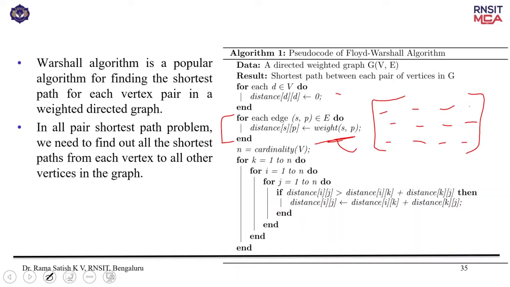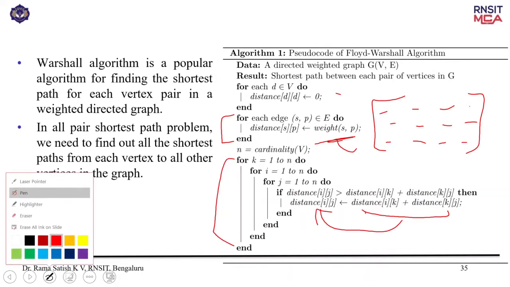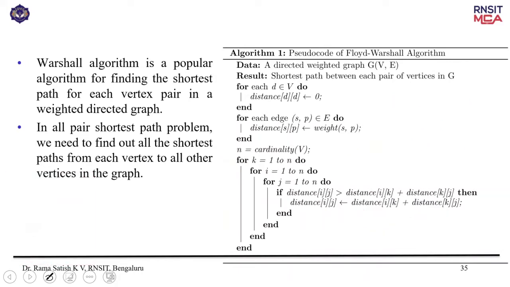Once it is done, apply this: if the distance of ij between two nodes is greater than the distance of ik plus kj, then you store this ik plus kj value in the distance of ij. This will be applied in 3 nested for loops, and once these 3 for loops finish, it is understood that your distance matrix is ready. So the final distance matrix you just display.